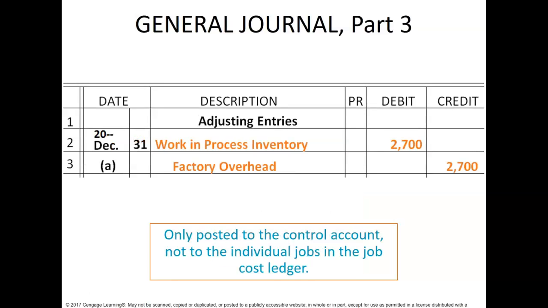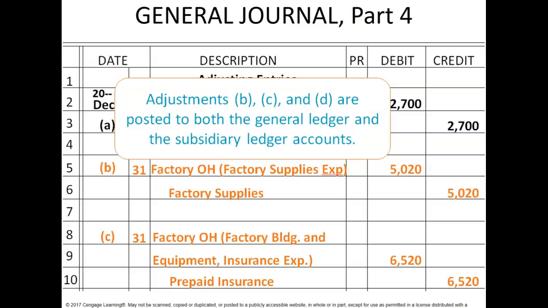So we've got our work in process inventory and factory overhead, and we're only going to post to the control account, the main work in process account. We're not going to do the individual job costing subsidiary accounts. And then adjustments B, C, and D get posted to the general and subsidiary ledgers.